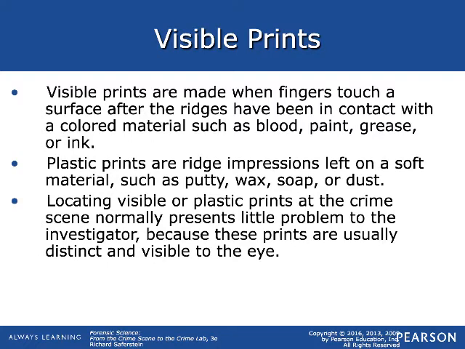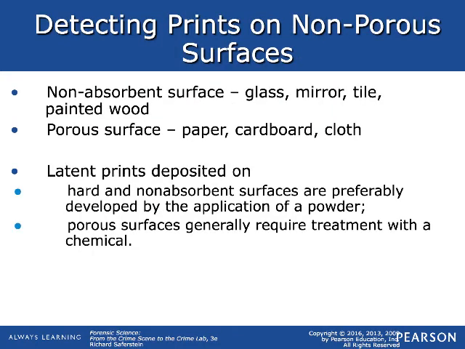Plastic prints are impressions that can be left in something soft, like clay, putty, wax, soap or dust. Finding visible or plastic prints at a crime scene usually shouldn't be a problem because you can actually see them, right?